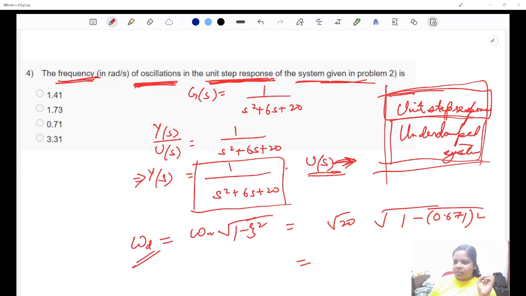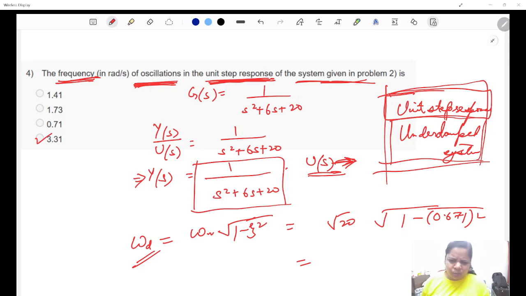So what would be the answer to this? It's going to be 3.316 radian per second.